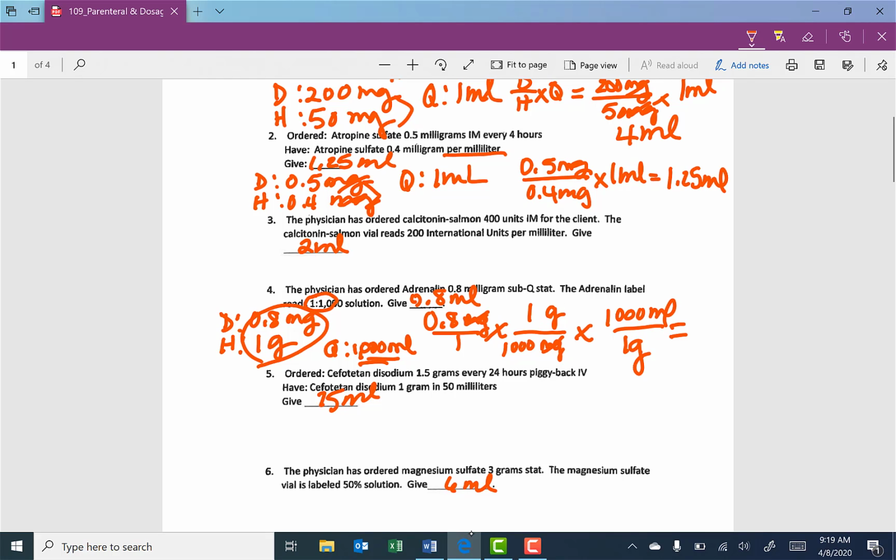So if you cross these out and multiply all the way across, you do get kind of a strange answer. It's 0.8. The only thing different here is that you have to change this into grams before you can actually do the problem. If you remember that, you'll be okay.